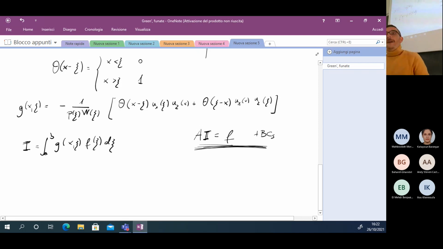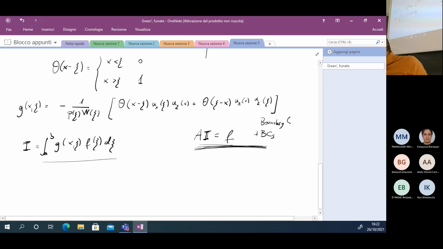This would prove that capital I, the function which I obtain as the integral of the Green's function times f, is a solution of the Sturm-Liouville problem. BCs is boundary conditions.